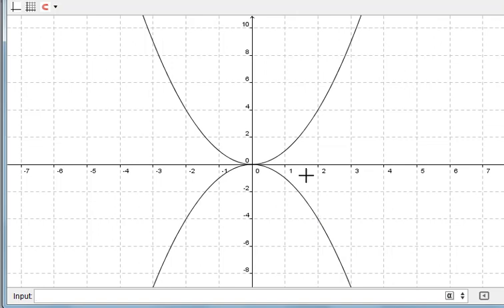And for example, (1, 1) has been transformed to (1, minus 1). So again, the x part of the coordinate is unchanged, and the y part has been multiplied by minus 1. So that's exactly what we said was going to happen.